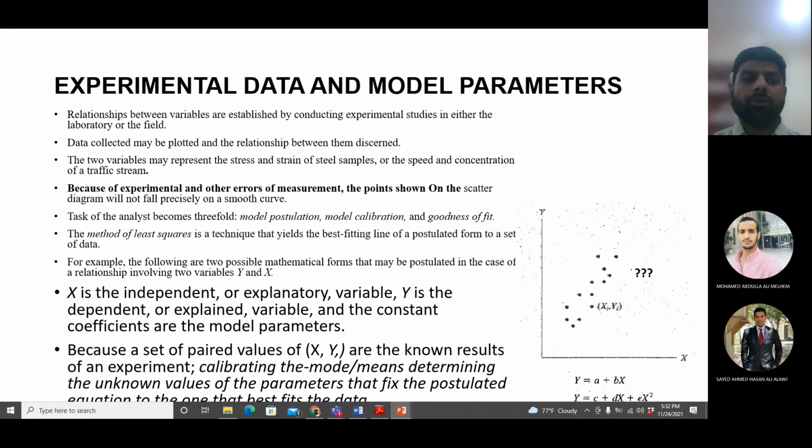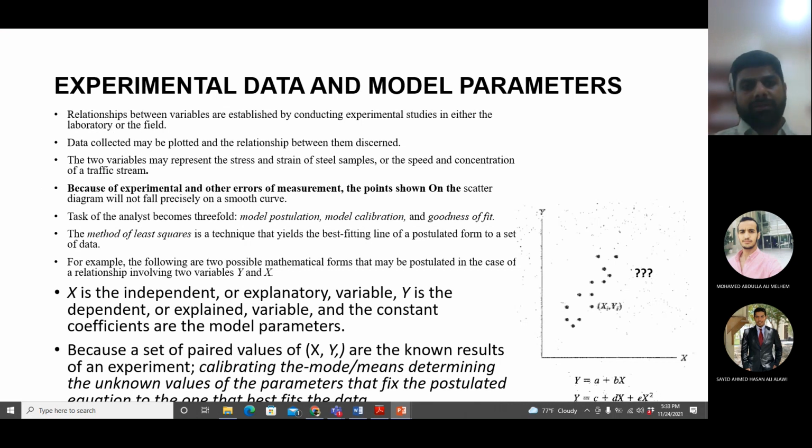So how do we develop this model which can give us the outcome for later experiments? For that, first of all, we conduct some experiments for establishing the relationships between variables. The variables are the compressive strength of concrete and the ratios for cement and aggregates. When I change the ratio of cement and aggregate by this much, what is the strength?